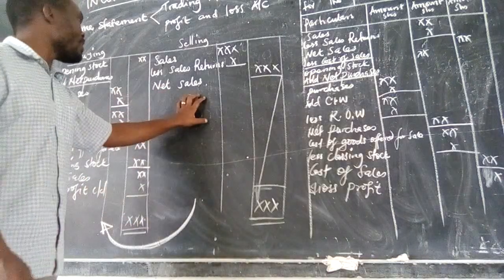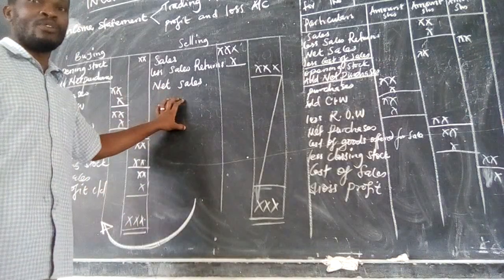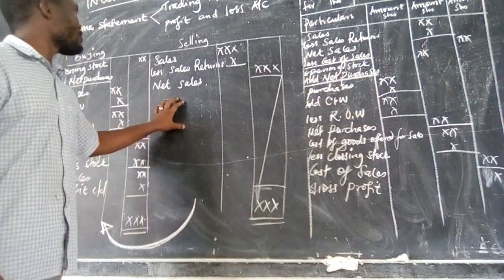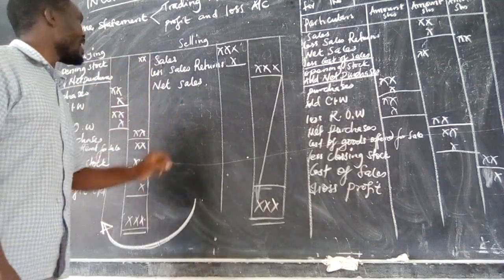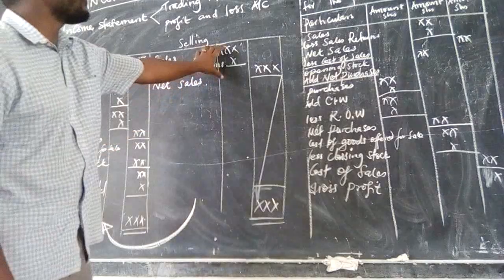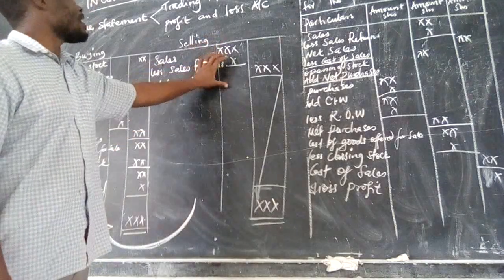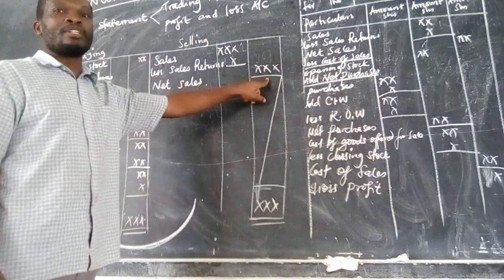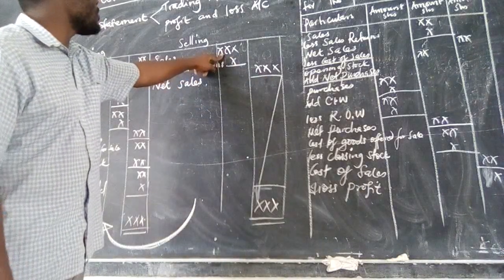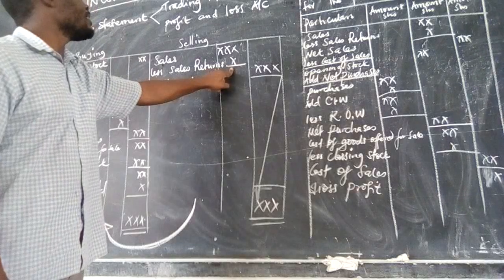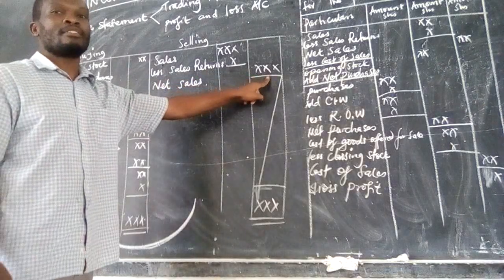That amount of money is what we call net sales. So net sales will just be sales less sales returns. The first column here is for subtraction, then the next one is for the actual value. So this is the value for sales minus the sales returns, and you get the net sales.